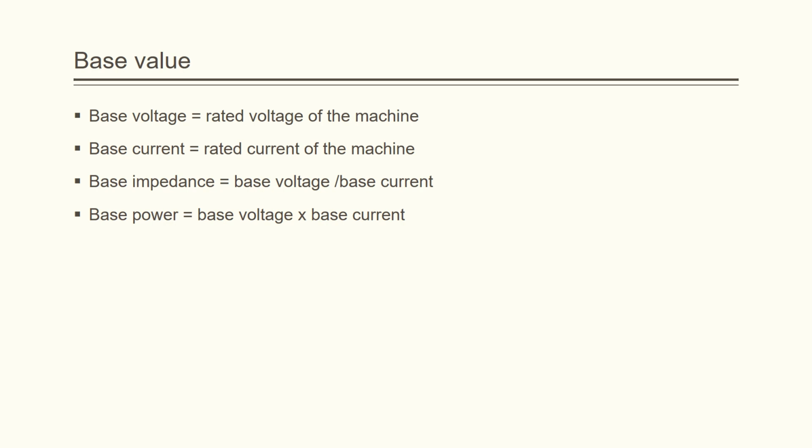Usually, the base voltage is equal to the rated voltage of the machine, base current is the rated current of the machine, base impedance is the base voltage by base current, and base power is base voltage into base current. So this is how we choose the base value usually. We can choose the base value arbitrarily, but even though it is chosen arbitrarily, we usually choose in this fashion.